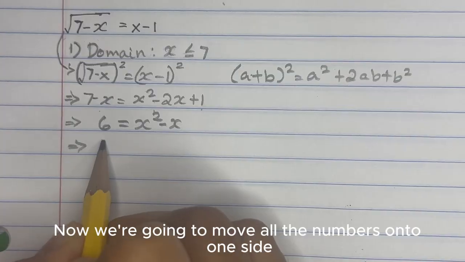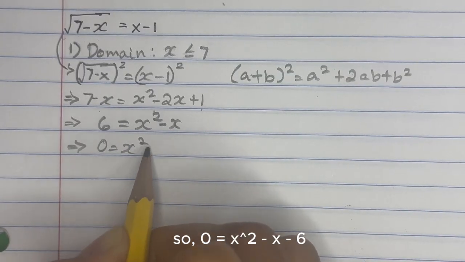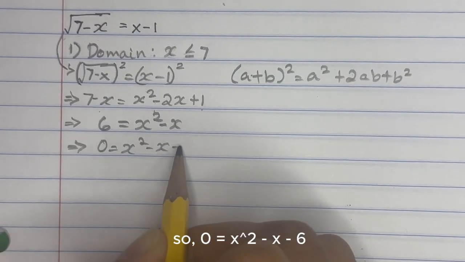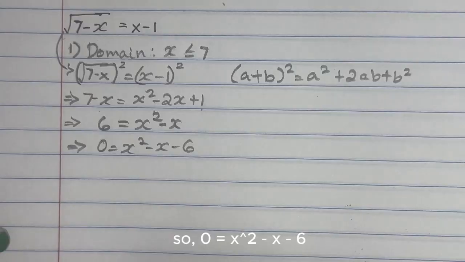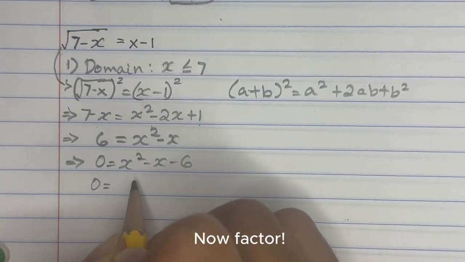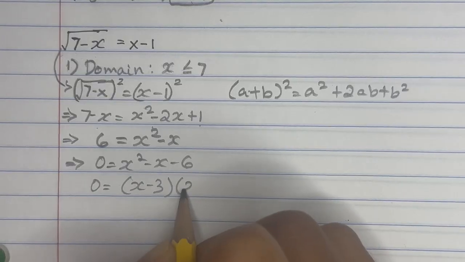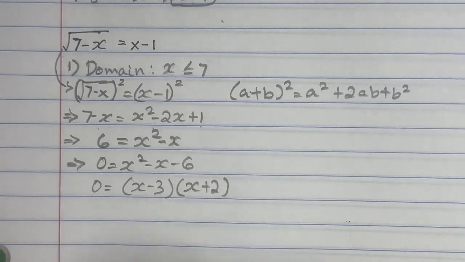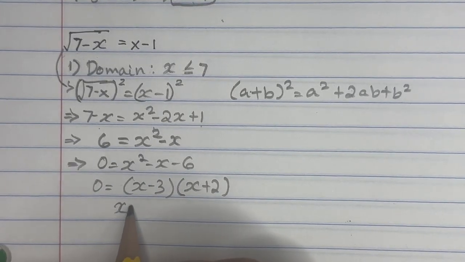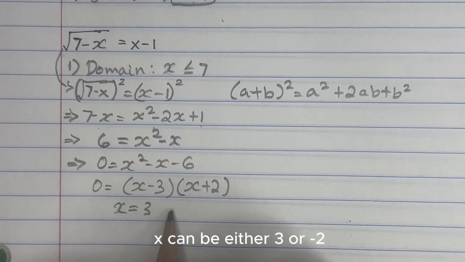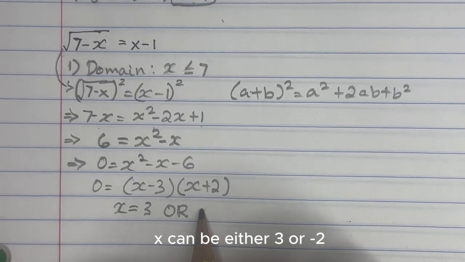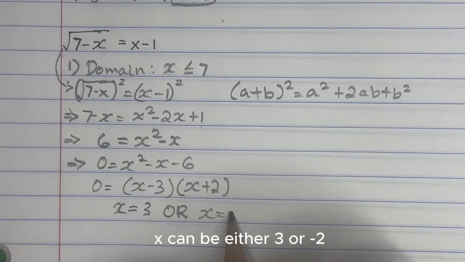So this is going to be 0 is equal to x squared minus x minus 6. This is the root: x minus 3 times x plus 2. So x can be either 3 or x can be minus 2.